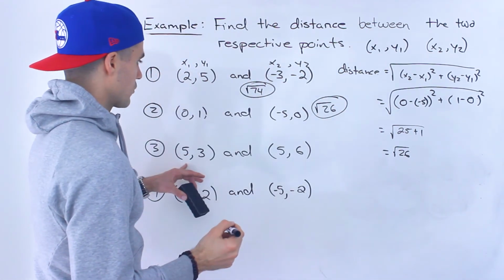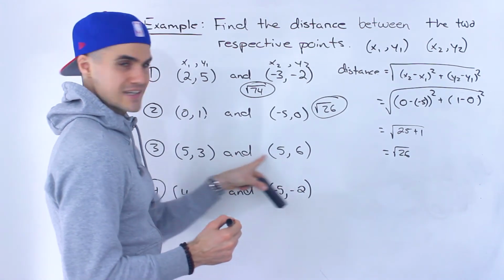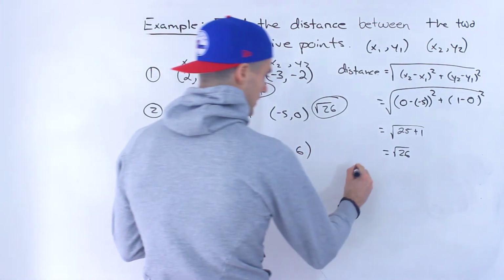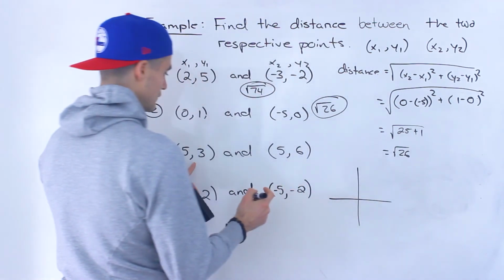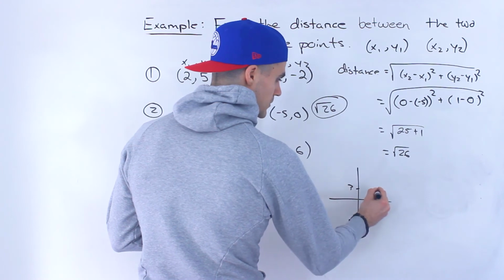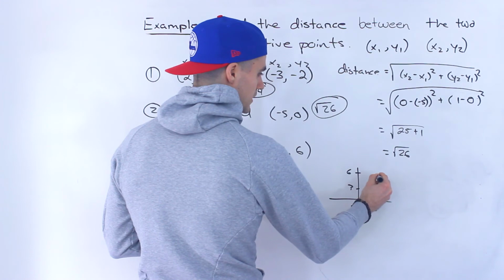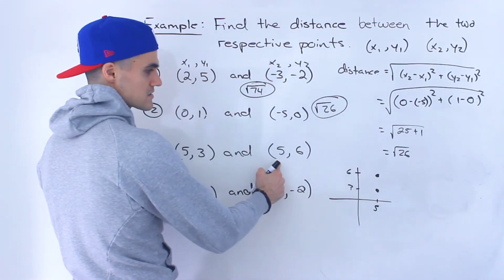All right, and then number 3, we have 5 and 3, and then 5 and 6. This one is actually easy to think of visually, because 5 and 3 is going to be like here, and 5 and 6 is like here. They have the same x value.